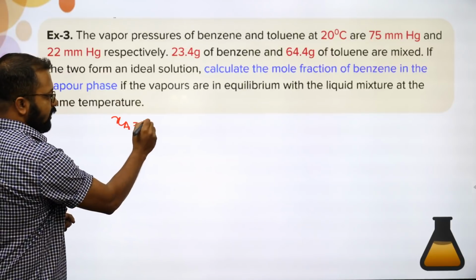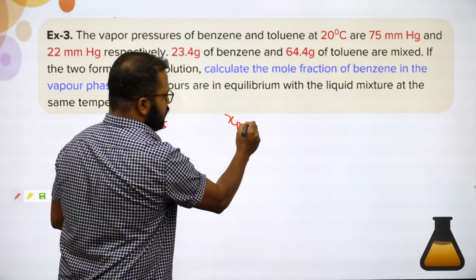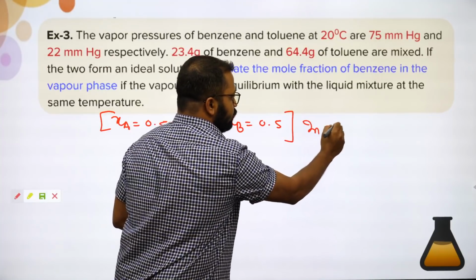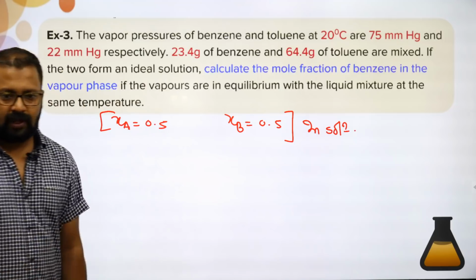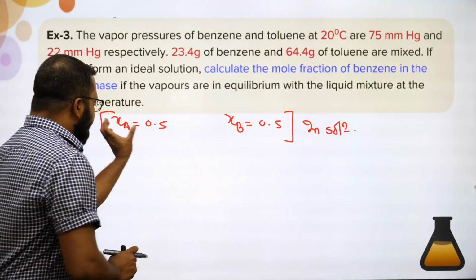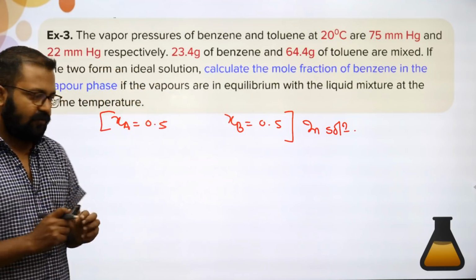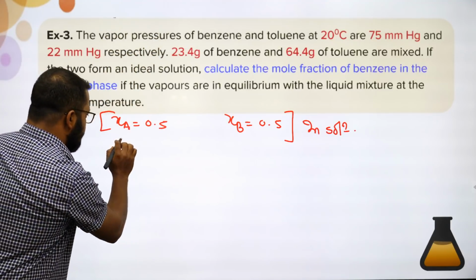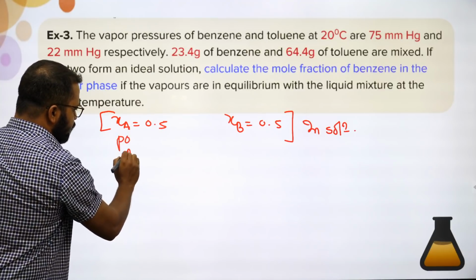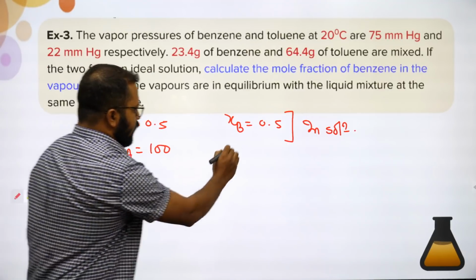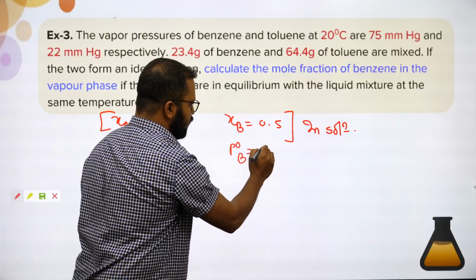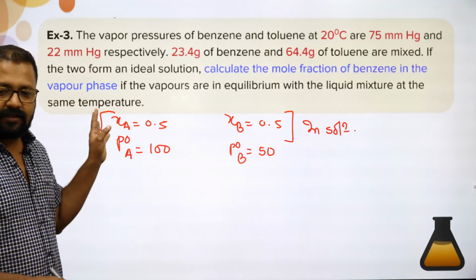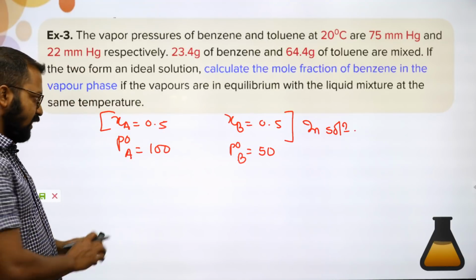Chi A is 0.5, chi B is 0.5 in the solution. This is an example we are taking before solving example 3. Now P naught A is, let's say, 100 and P naught B is, let's say, 50.